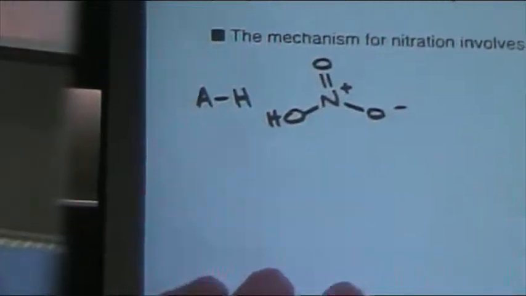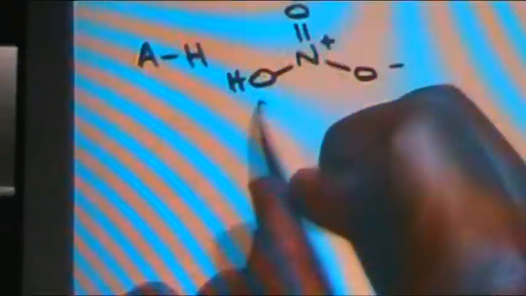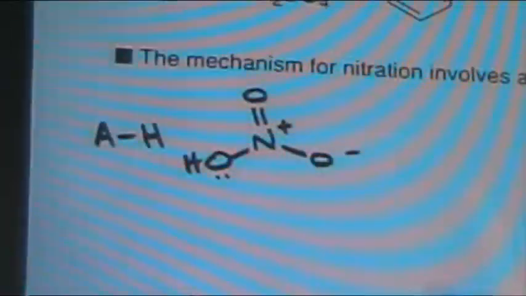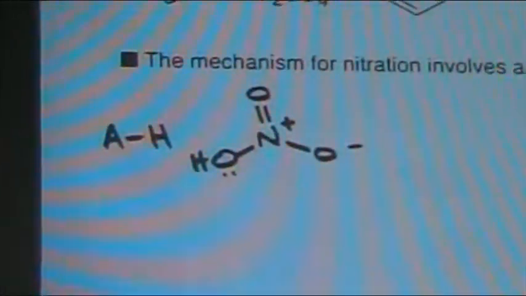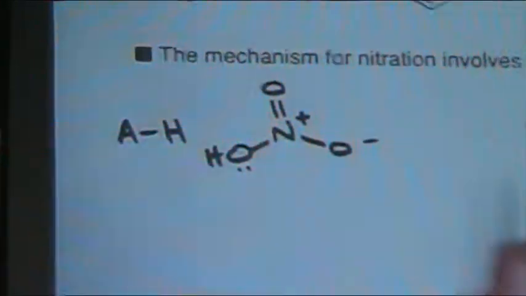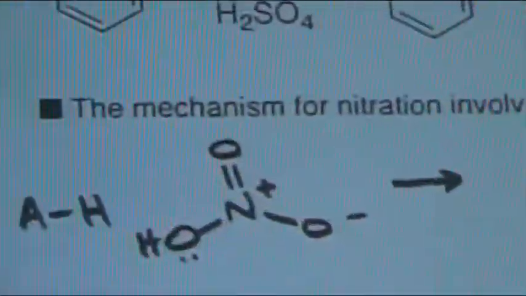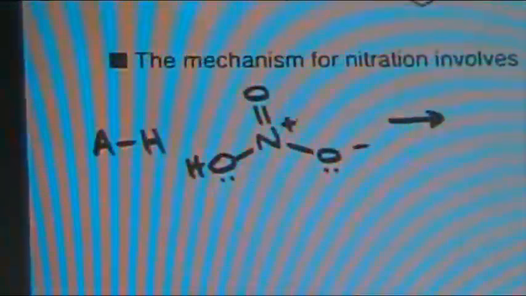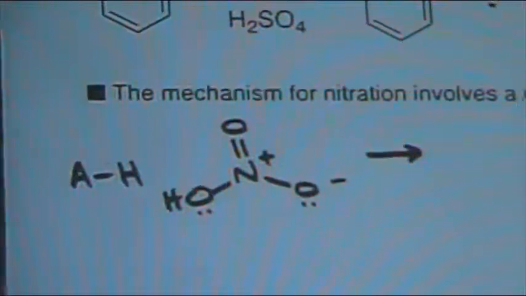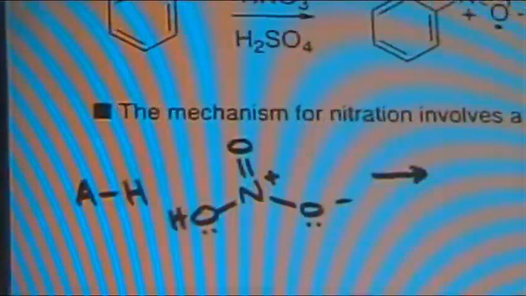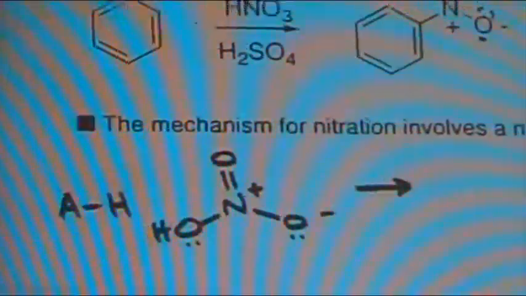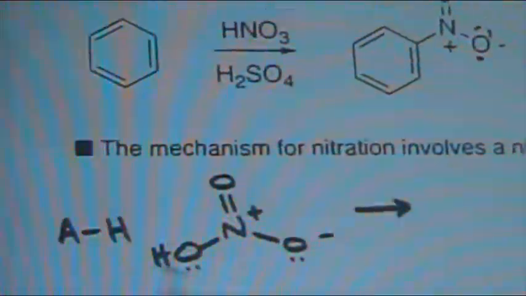Okay, in a million years I would never have guessed this, and I don't think you would have either. The first step in this mechanism is hard to figure out. If you have not practiced this, you won't be able to figure this out. Because you will irresistibly be drawn to use the lone pairs on this oxygen to pull off a proton from your acid. Right? O minus, that should be pulling the proton off the acid. Actually, that happens. 99 times out of 100, this O minus lone pair pulls off the proton from the acid.